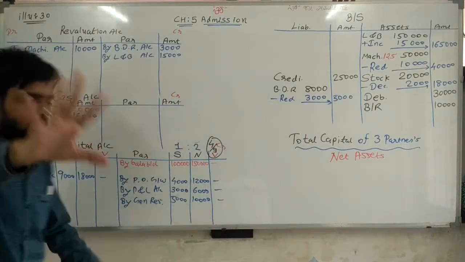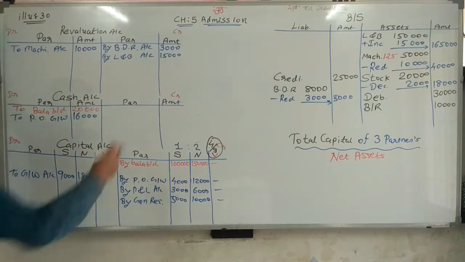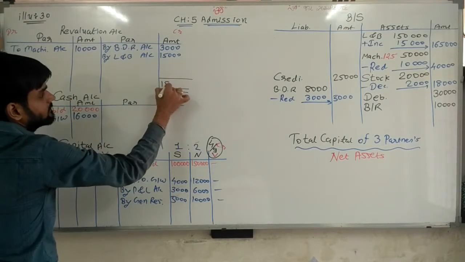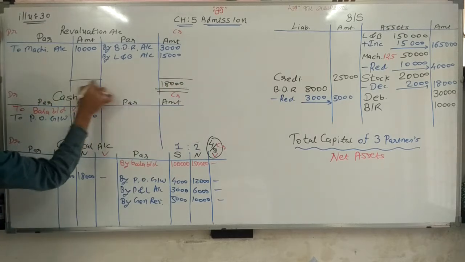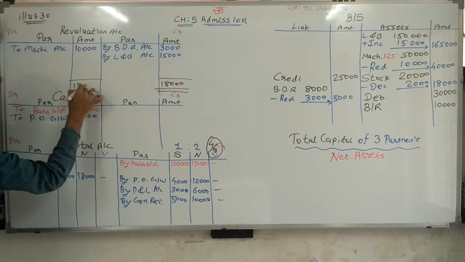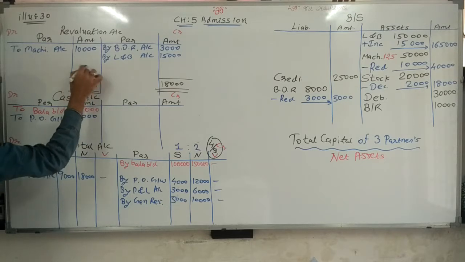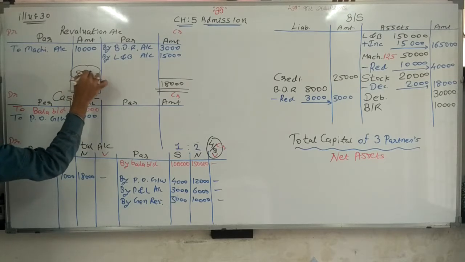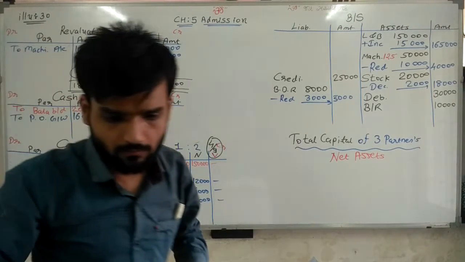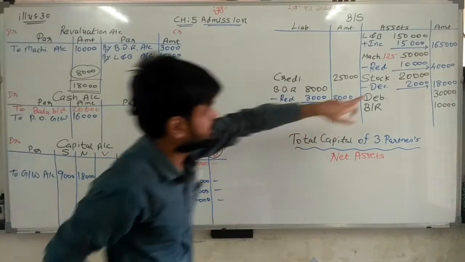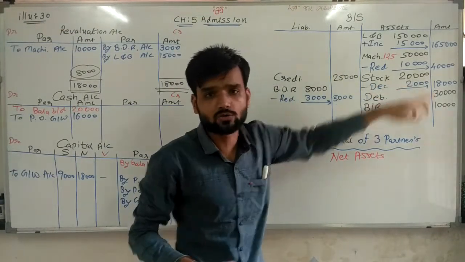Now, closing our accounts. First of all, 15,000 and 3,000. Total is 18,000. From 18,000, 10,000 is deducted. We are getting 8,000 as our balance. Here one thing is not written: stock decrease 2,000.